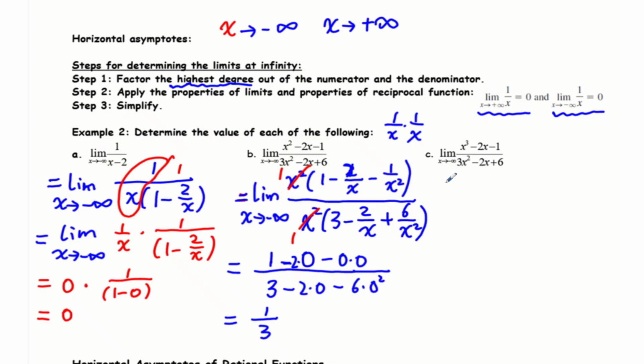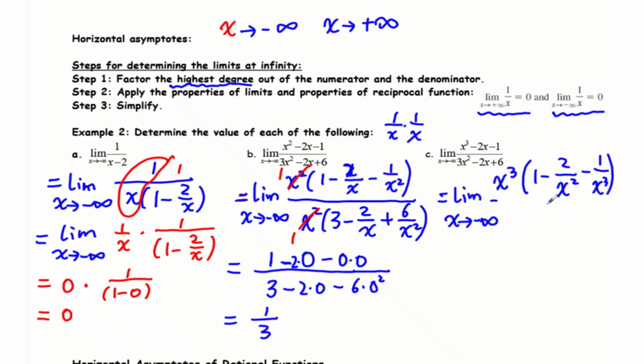So for the next one, we do the same thing, limit as x approaches negative infinity. The highest degree for the numerator is x cubed. Then we divide each term by x cubed, so we have 2 over x, divided by x cubed gives x squared, then minus 1 over x cubed.